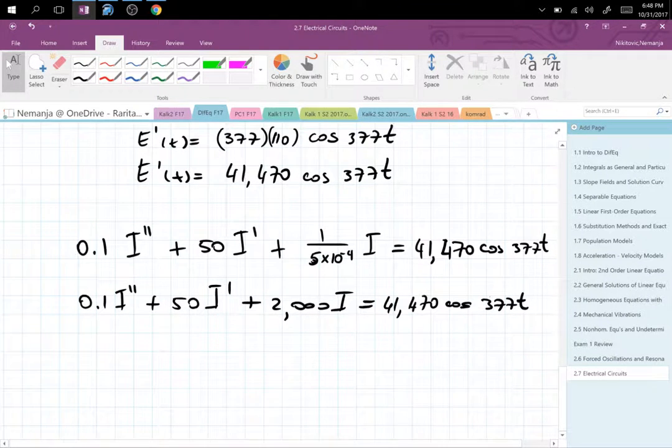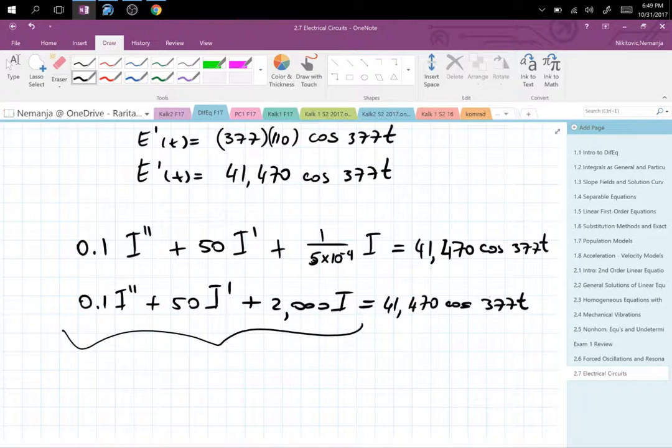And now, remember the 1 divided by 5 times 10 to the negative 4 flips up, it's the same. Yeah, exactly. 10 to the 4 goes up as 10,000 divided by 5, you get 2,000. Yeah, good.